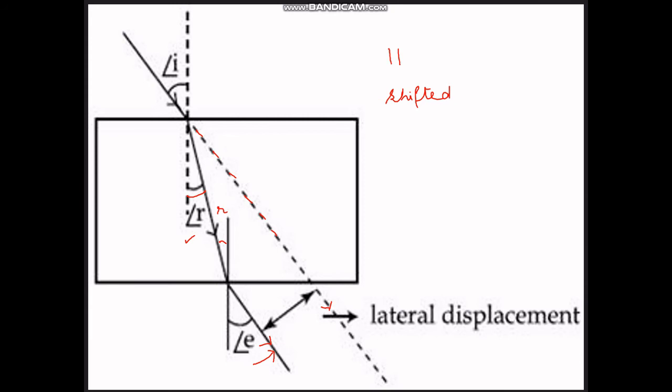So when you talk of the perpendicular distance between the incident ray and the emergent ray, this is known as lateral displacement, or you can say this is the lateral shift.